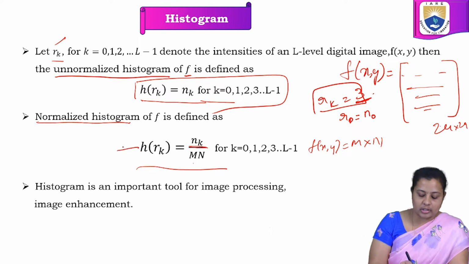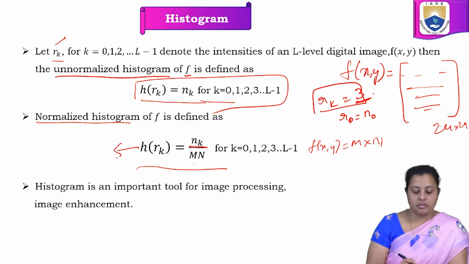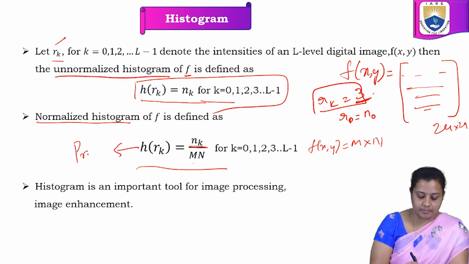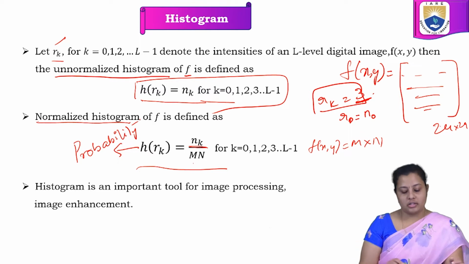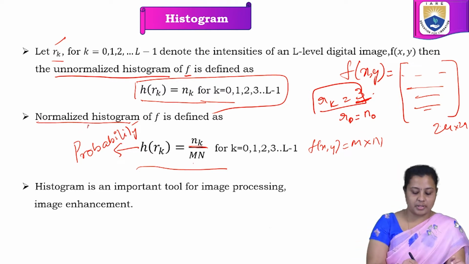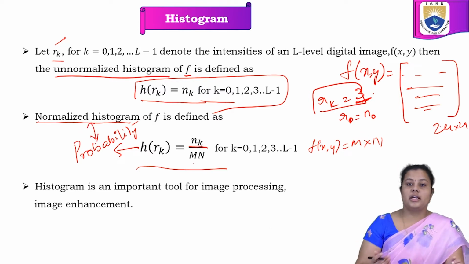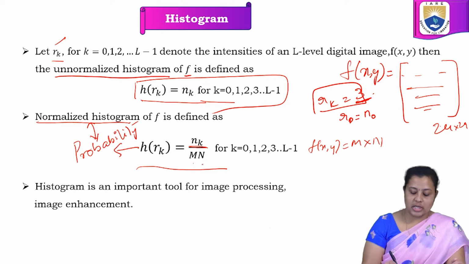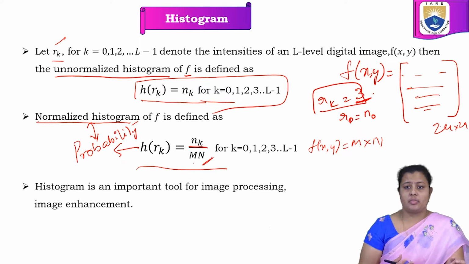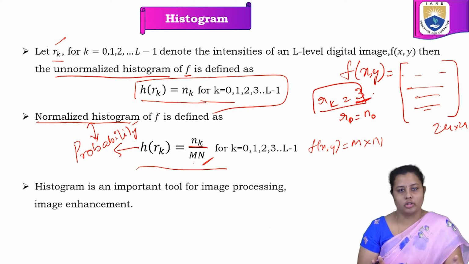In other terms, we can say this normalized histogram represents the probability value. So this can be used for calculating the probabilities of the intensity values, which we will see in the problems dealt, and it is also very useful for image compression models.